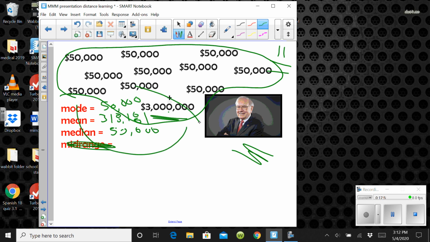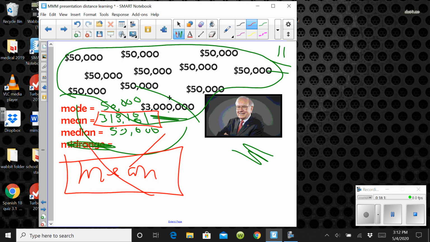Now look at those measures of center. Can you see, I hope you can see, that the mean does not do a good job of describing the middle anymore? The mean, as a measure of central tendency, does not do a good job of finding the middle when there is what's called an outlier, or there might be outliers.